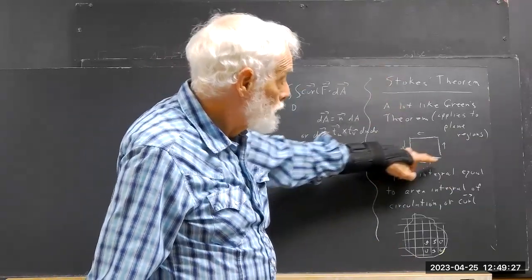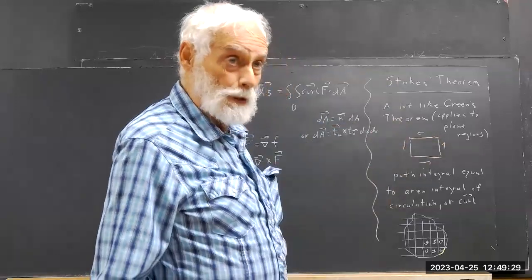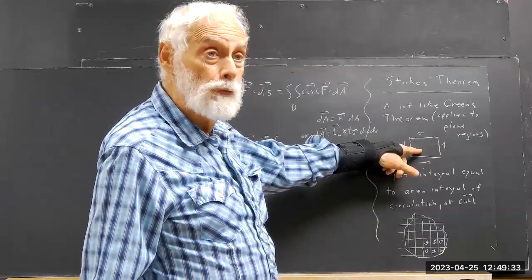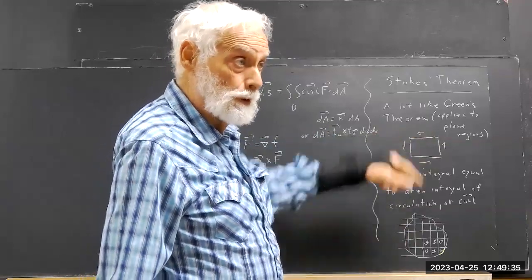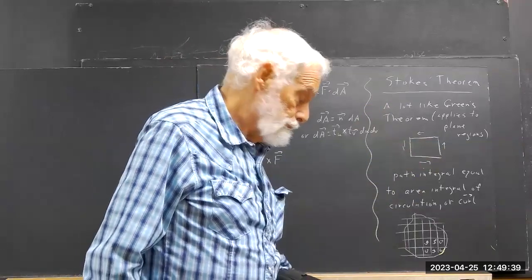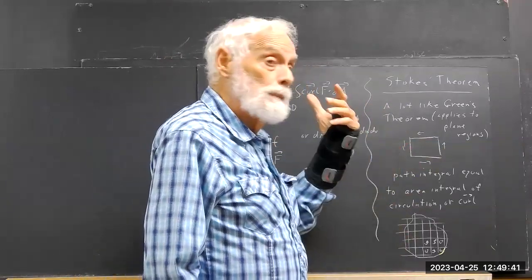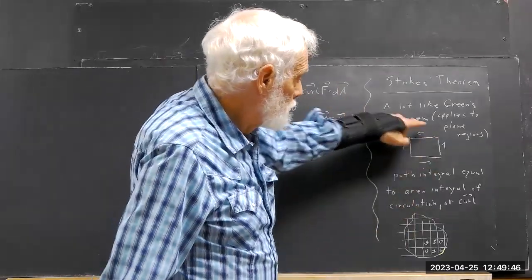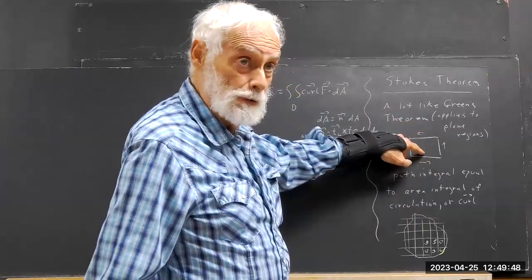Green's theorem tells you about the circulation around the region, and we did pretty much prove that for a small rectangular region with sides parallel to the coordinate axes. If this integral is non-zero, then you have a circulation.